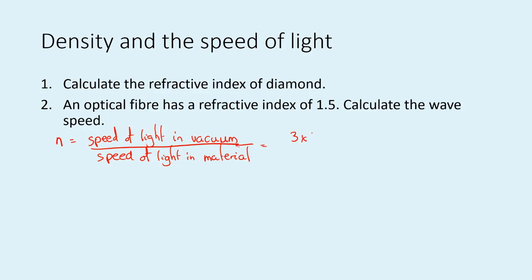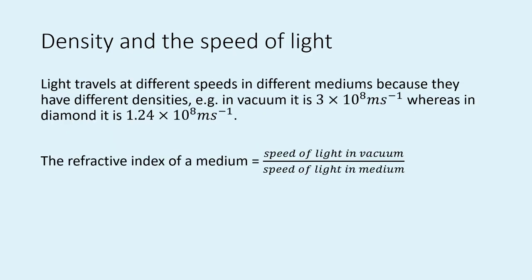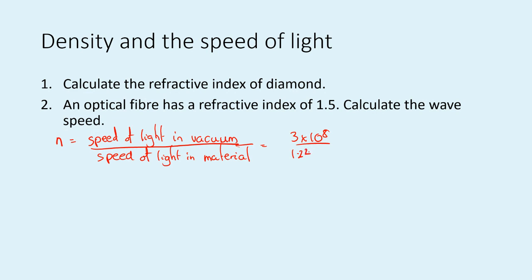So this is 3 times 10 to the 8 divided by 1.24 times 10 to the 8. So that's 2.42, rounding to 3 significant figures. There are no units for the refractive index.